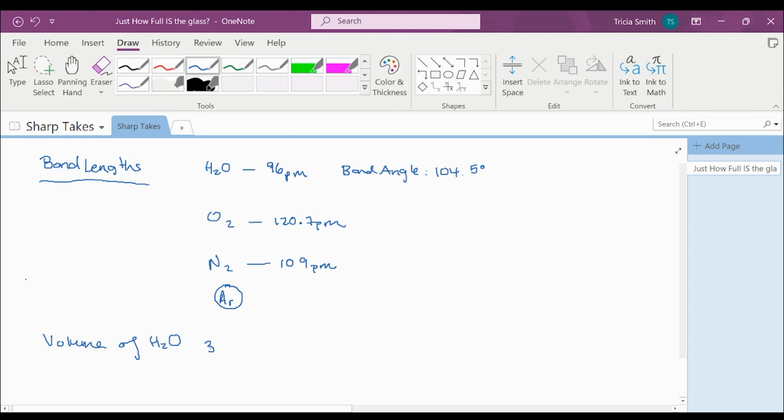For H2O, the volume was 3.342 times 10 to the 6 picometers cubed.